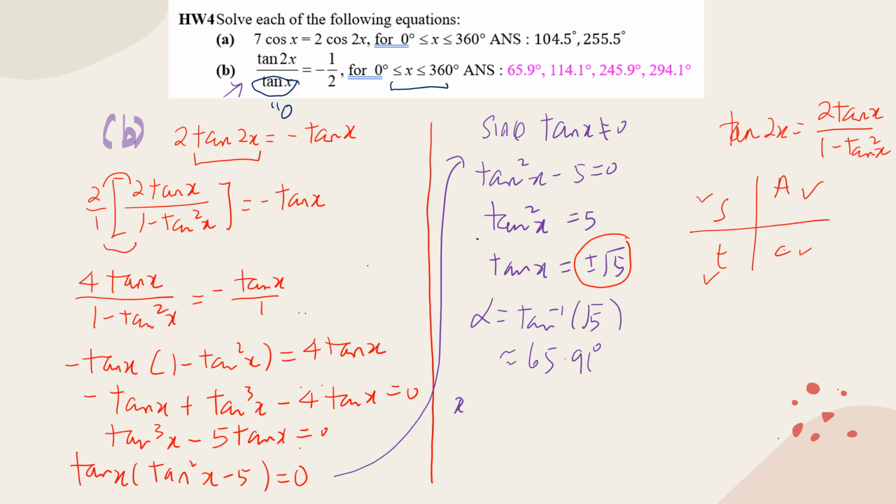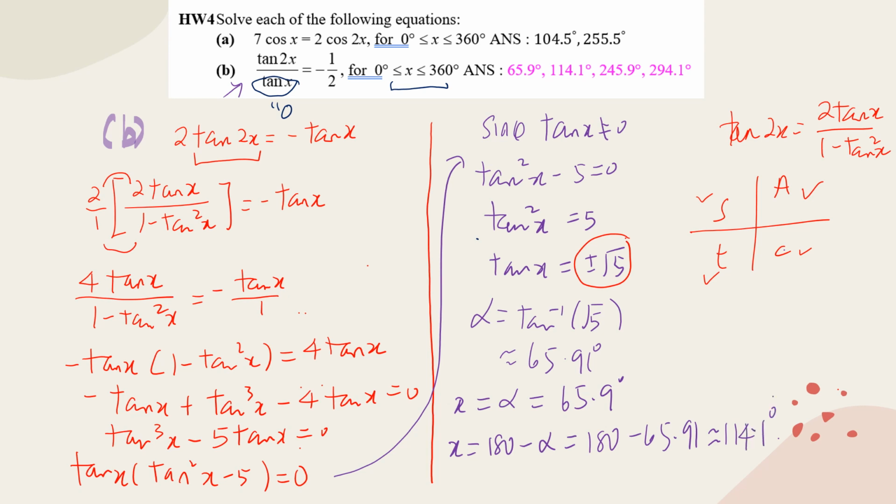So let's look at the first one. The first one will just be equal to alpha, which is 65.9 degrees. The second one will be 180 minus alpha, that will give you 180 minus 65.91, which gives you 114.1.